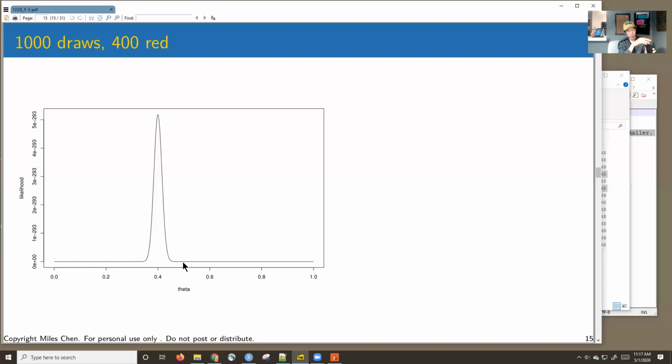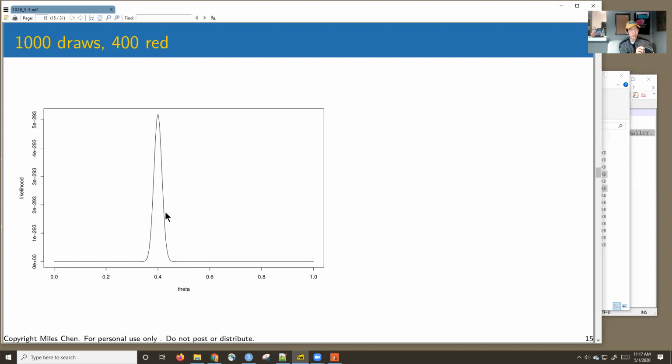I should get something a lot closer to 500 red. The fact that I only got 400 red is practically impossible, and only values near 0.4 are going to have high likelihoods.